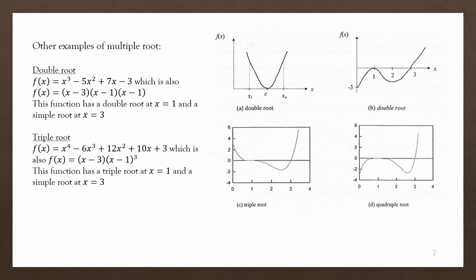Since it is a function up to the power of 4, you need 4 roots to define all the roots that it has. You have 1 simple root, so 3 roots left, and in this case you have a triple root at x equal to 1. So the total number of roots is 4.